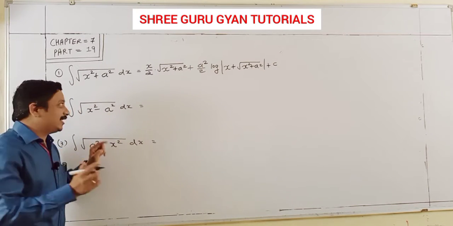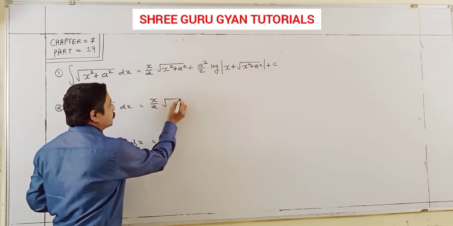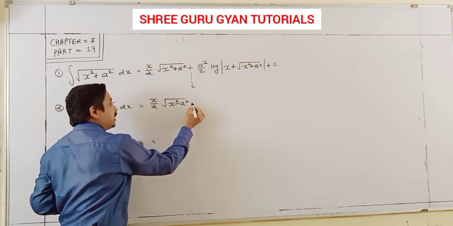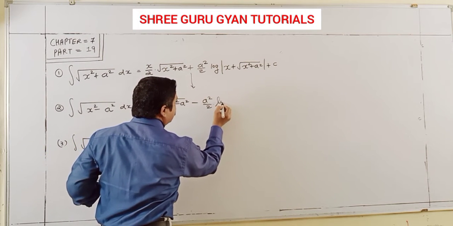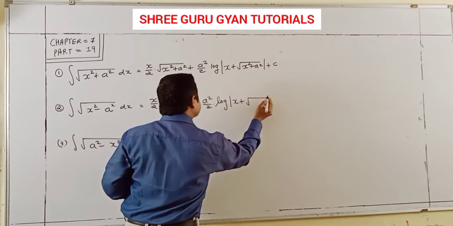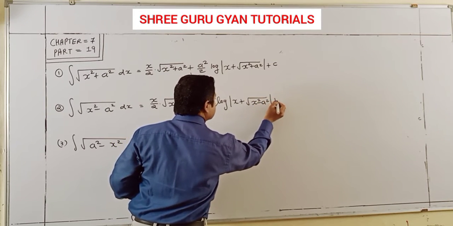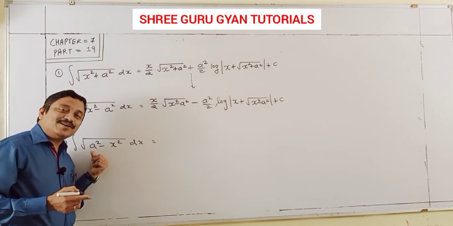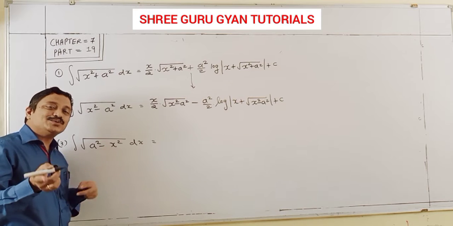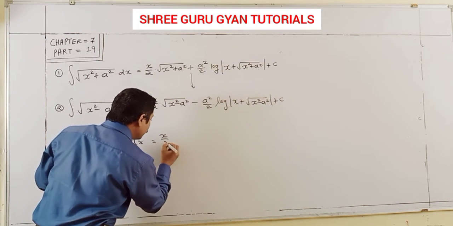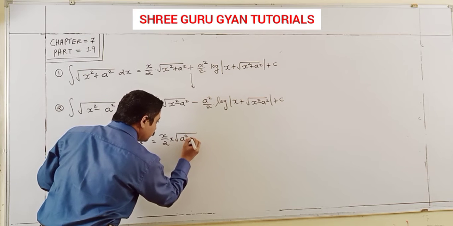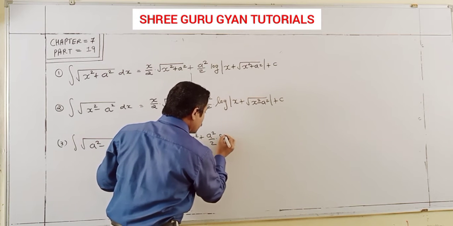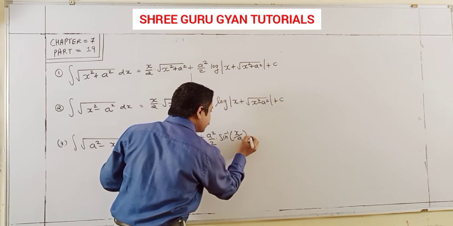The second is the same but with minus: x by 2 root x square minus a square, minus a square by 2 log, same going on, plus c. And the last one, constant minus variable, gives sine inverse: x by 2 under root a square minus x square, plus a square by 2 sine inverse x by a, plus c.